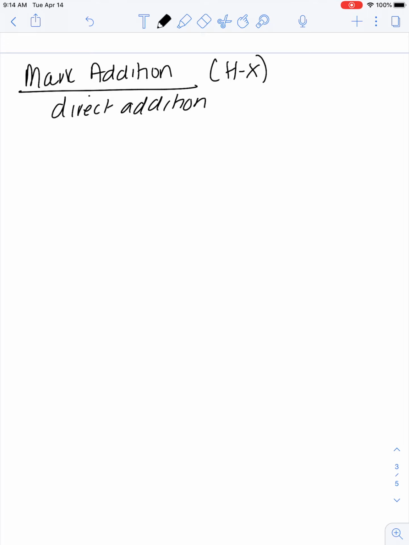So what we have to think about here is, since we're having the formation of a carbocation, we want to make sure that our carbocation that is formed is the most stable. In order to form the most stable carbocation, that's why X is going to end up adding to the more substituted carbon. So let's look at that in detail.